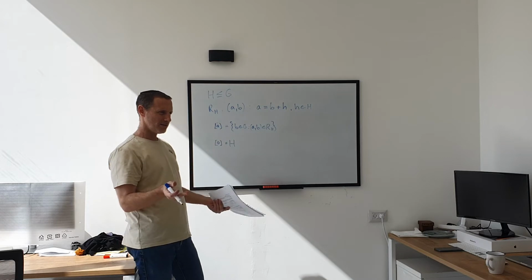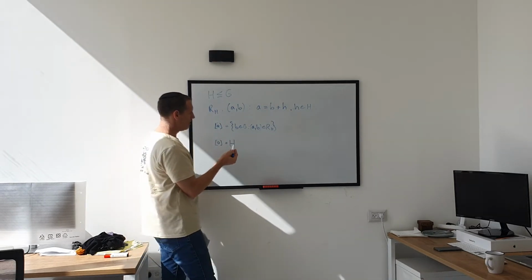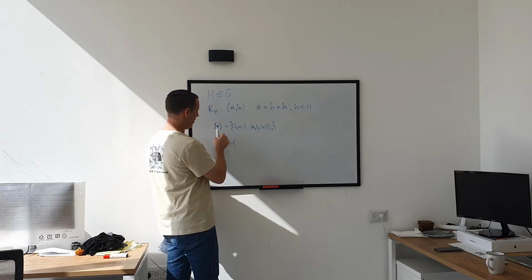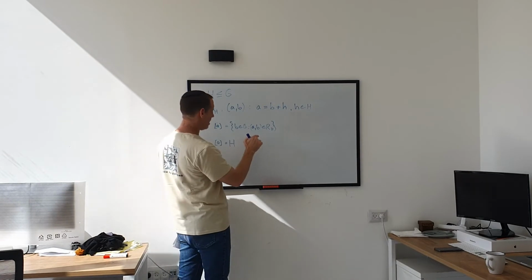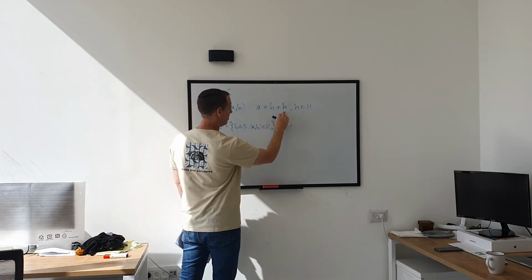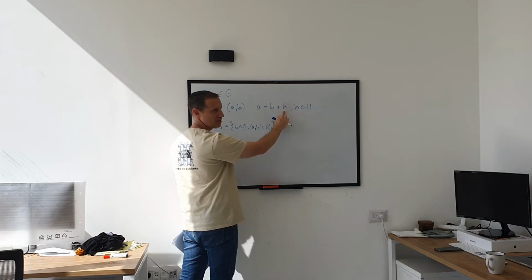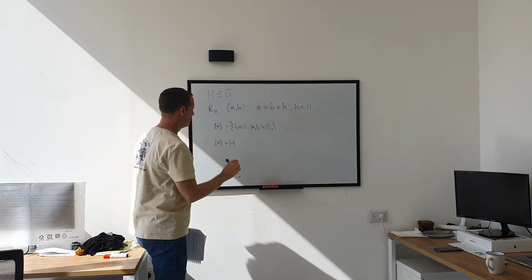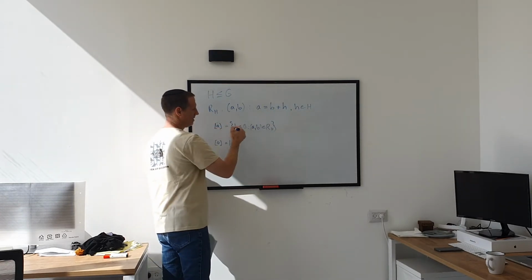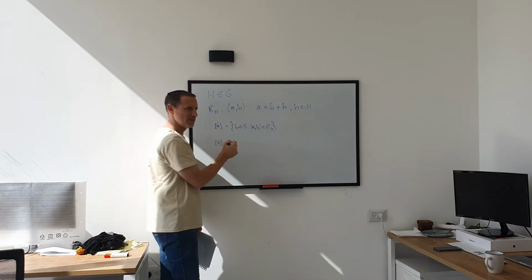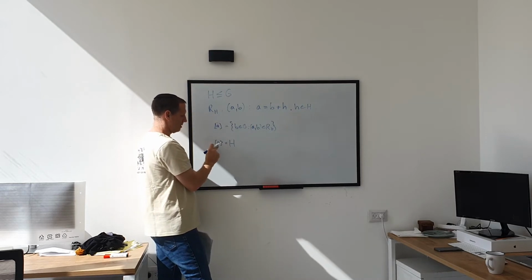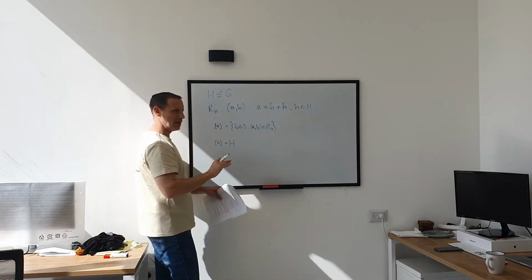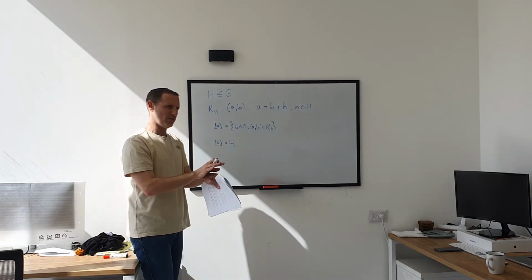If H is finite, then any class would be the size of H, because for each H in here, there will be a B. So this equivalence class, which is a set, would be the size of H. These equivalence classes are a partition of G, so they don't have any overlap.